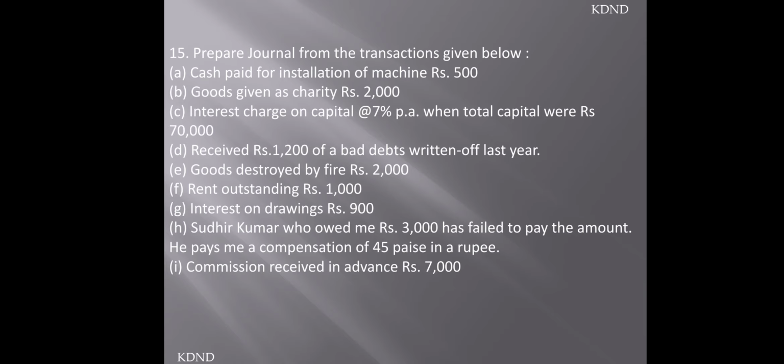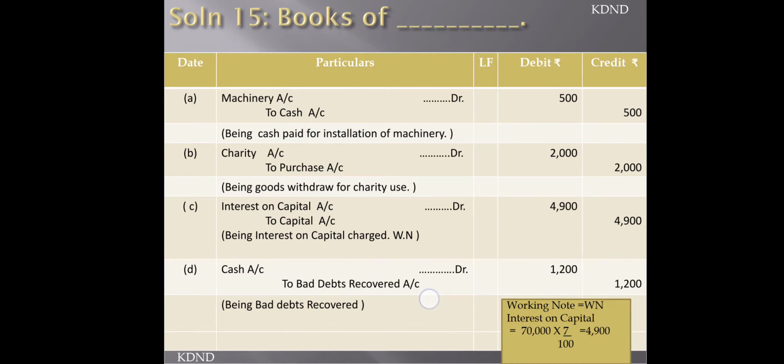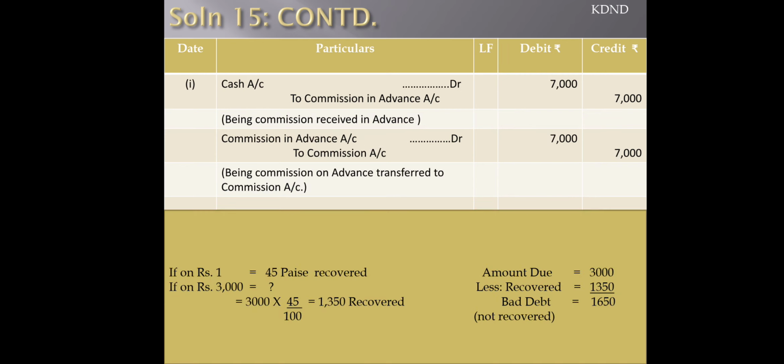Commission received in advance. We have received a commission in advance. So commission received in advance means what? Cash account debit to commission. Now you can pass two entries over there. First entry: cash account debit to commission account, because we have received a commission.